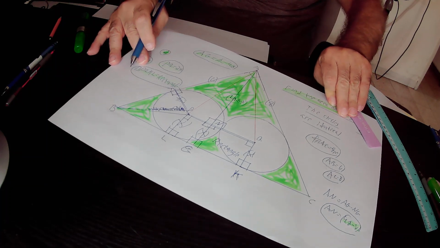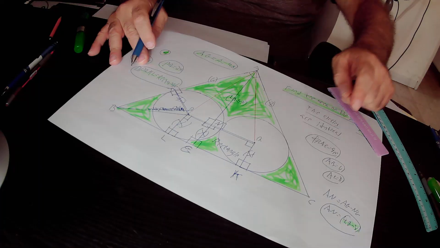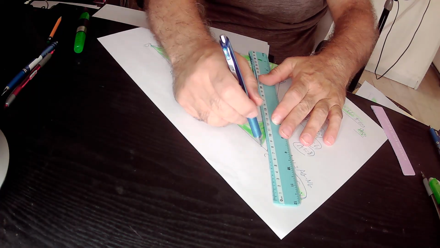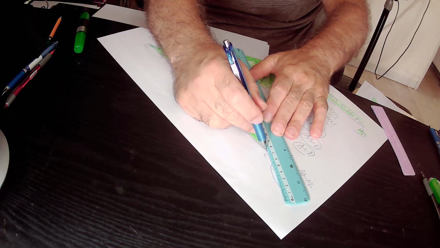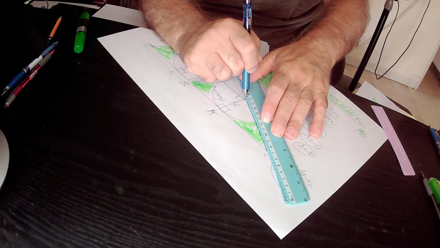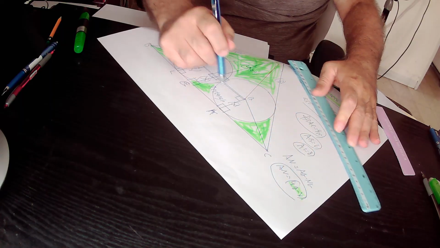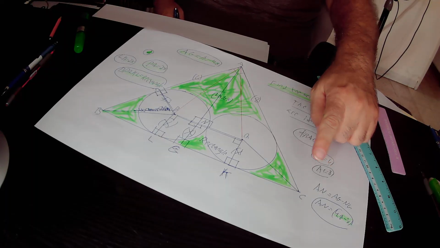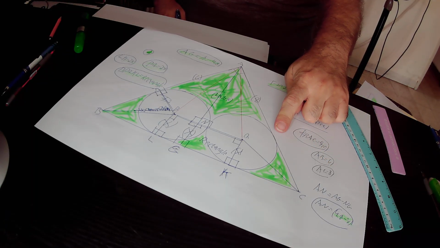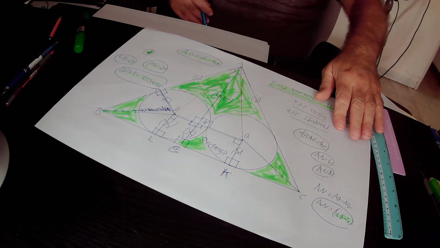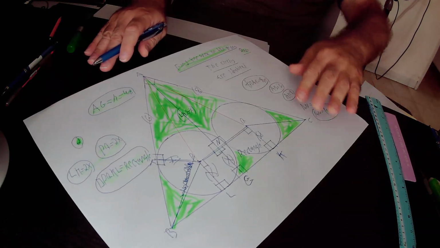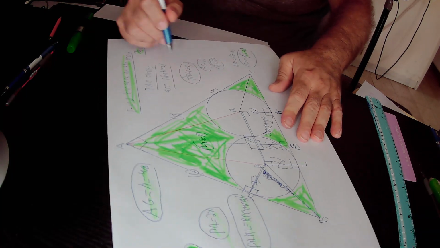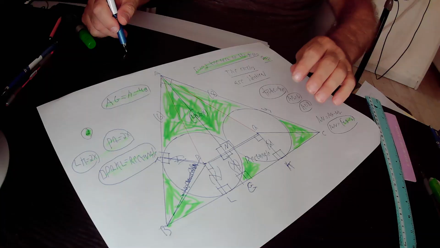The next step, we join points Q and C together by a straight line and define the point of tangency of tangent AC with this circle. This point is point Y. And we join points Q and Y together by a straight line.